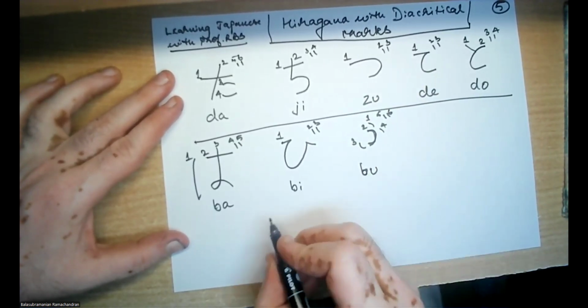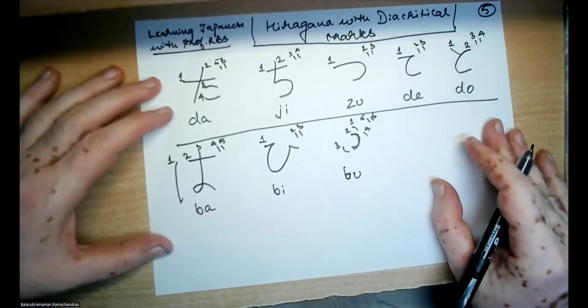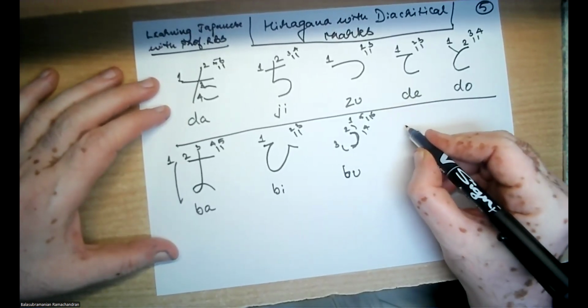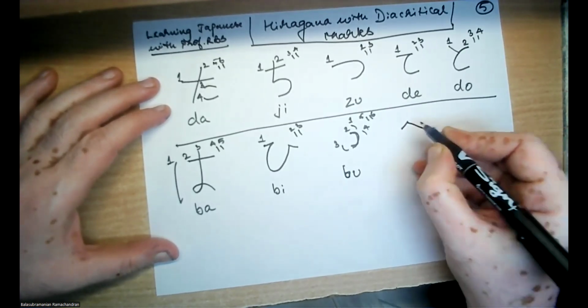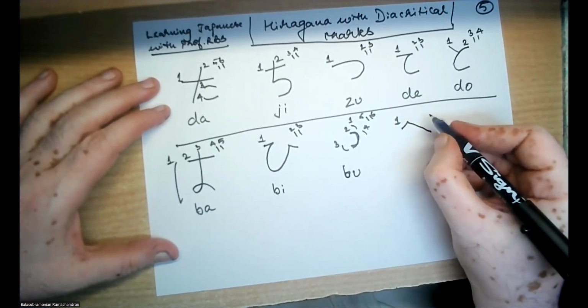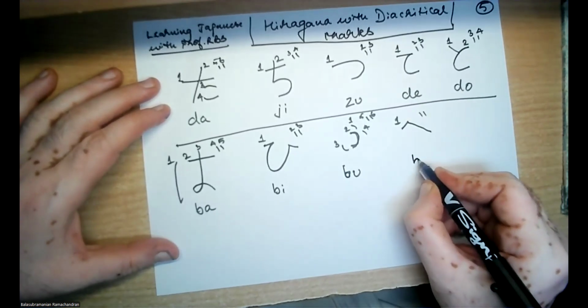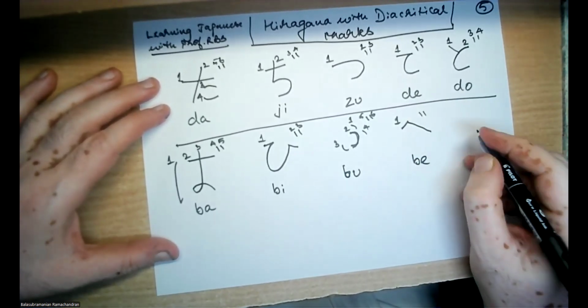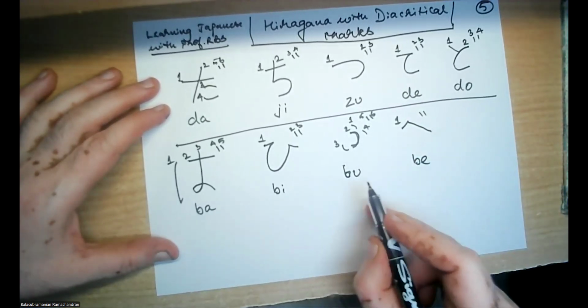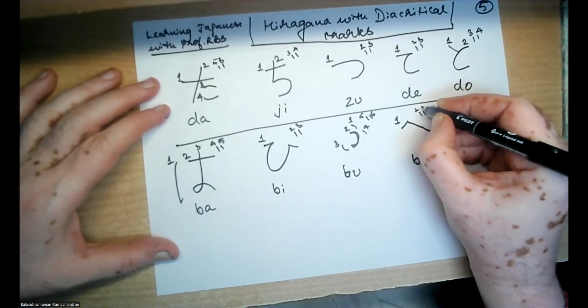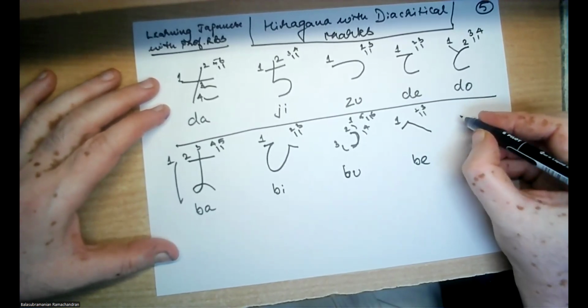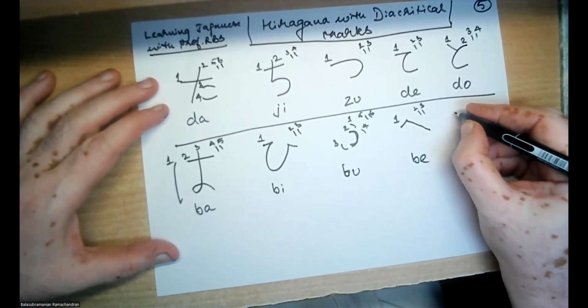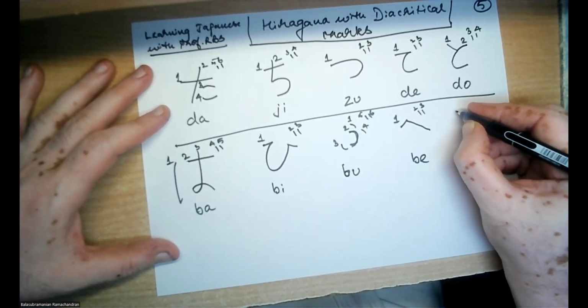You get Bu here. So Ba, Bi, Bu, Be. So He first, single stroke, Be. Okay. Ba, Bi, Bu, Be. 2 and 3. Okay. Ba, Bi, Bu, Be, and Bo. All right. So let us first write Ho.